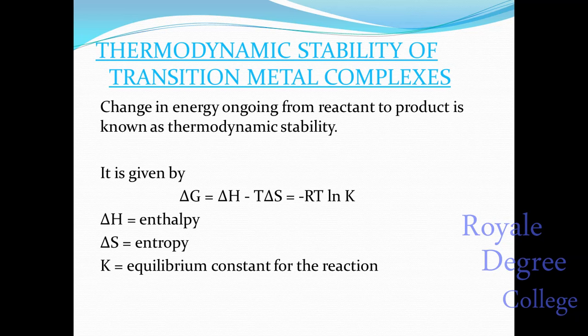It is given by this particular equation: delta G equals delta H minus T delta S, which equals minus RT log K. Delta H is enthalpy. Delta S is entropy. Delta G is Gibbs energy, the change in Gibbs energy we can say. K is the equilibrium constant for the reaction.